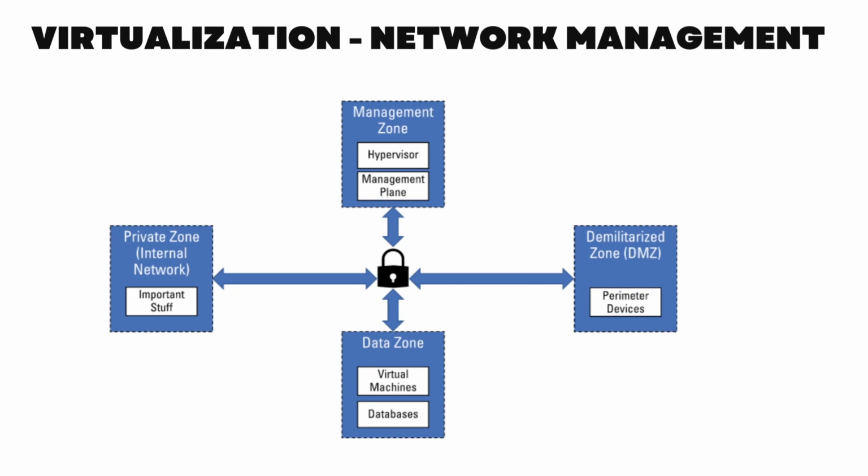So in this diagram, you can see an example of a trust zone. This is how it looks, right? You have the management zone, which is the hypervisor management plane. You have a DMZ. You've created these separate trust zones, and it's a great way. So if you're connecting to the management zone from another zone, you have to go through the zero trust model, right?